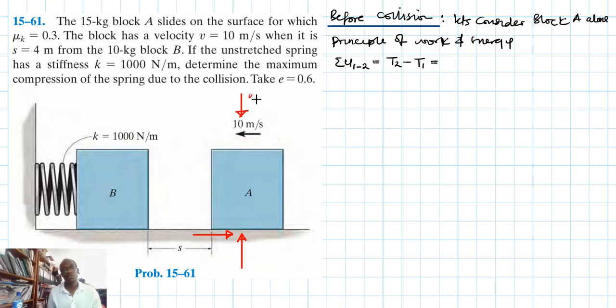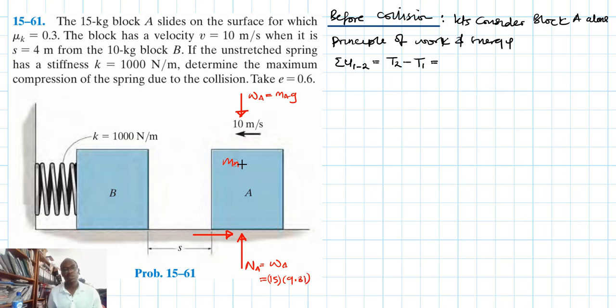So this one is our WA, which is just equal to MA g, and this is NA equal to WA. This is equal to 15 times 9.81.